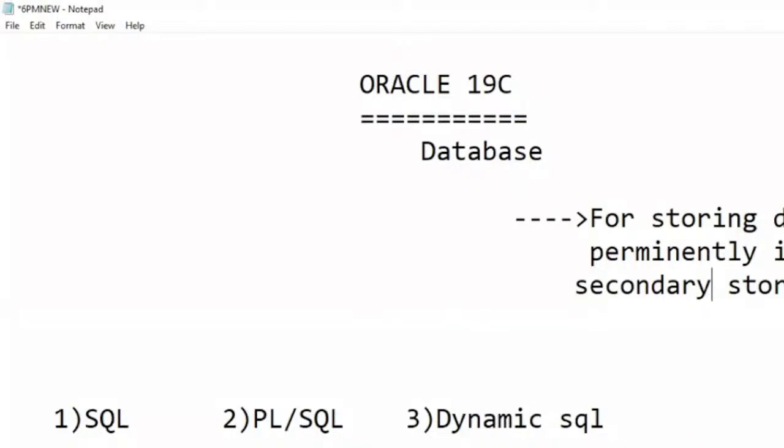ETL developers always need subqueries, joins, materialized views, indexes, partitions. Analytical functions such as rank, dense rank, lag and lead, and also PL/SQL stored procedures are required.